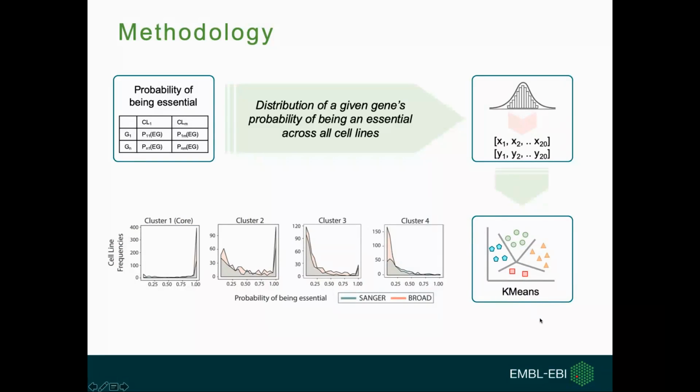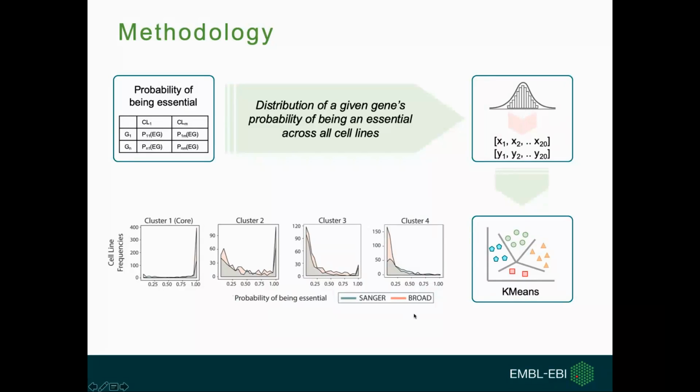In this k-means clustering, we are basically clustering the distribution behavior of the probability of being essential. So when we look at cluster 1, for example, the probabilities peak at 1, which means that all of the genes in this cluster are essential across all cell lines because their distributions peak at 1.